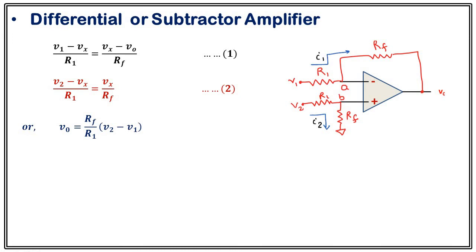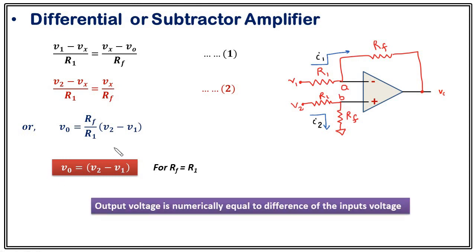If we have the condition that R1 is equal to Rf, in that case we will have V0 equal to V2 minus V1. What is the meaning of this equation? This equation says that the output voltage is numerically equal to the difference of the input voltages. That is, this circuit is acting as a subtractor. The output voltage is the difference V2 minus V1.